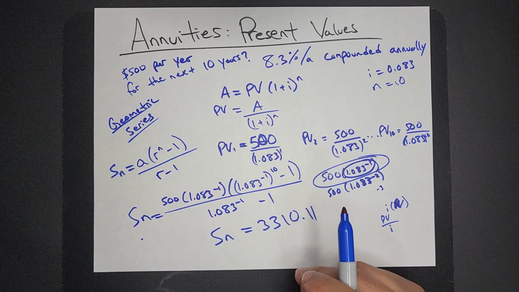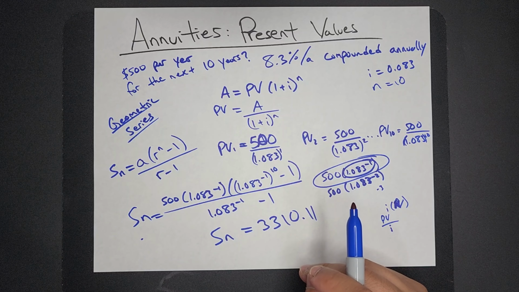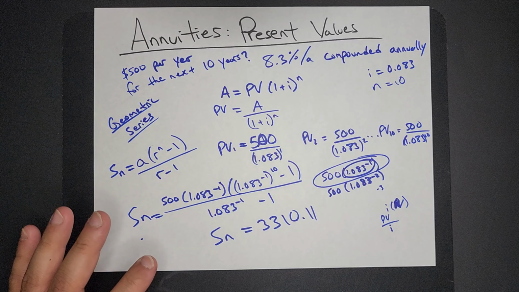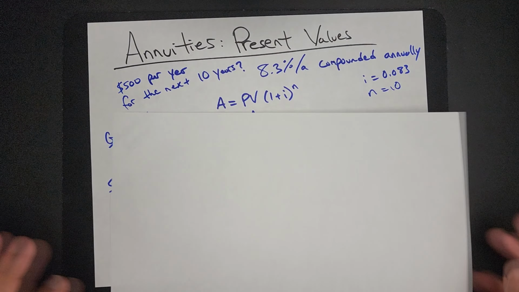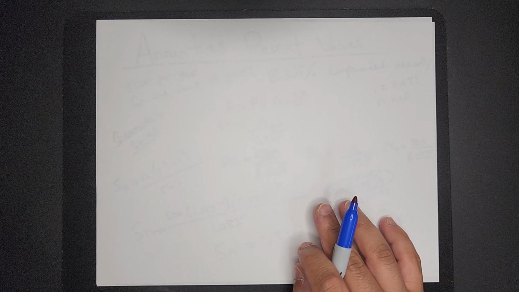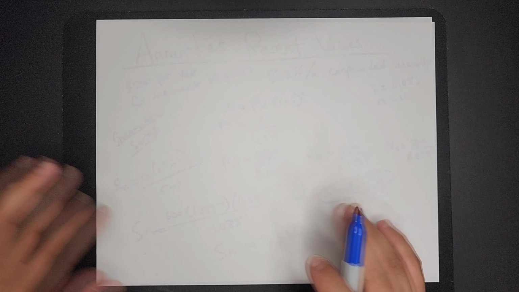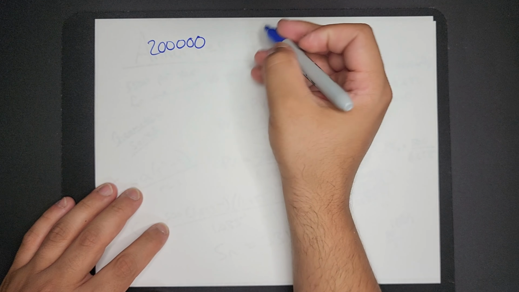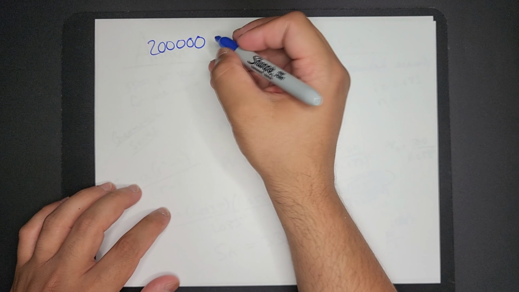Let's try looking at another example, something a little bit more lavish. Let's look at the exact opposite of an investment, a loan from a bank. Let's say the loan was for $200,000.